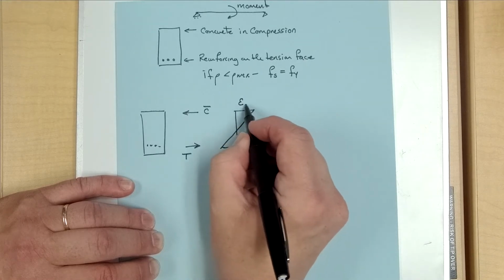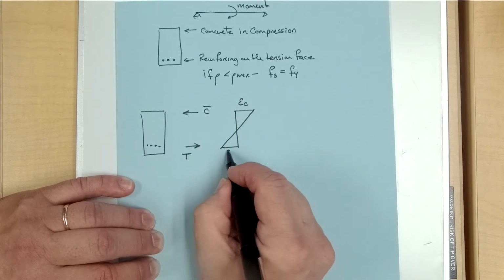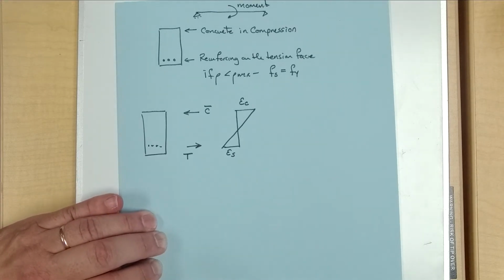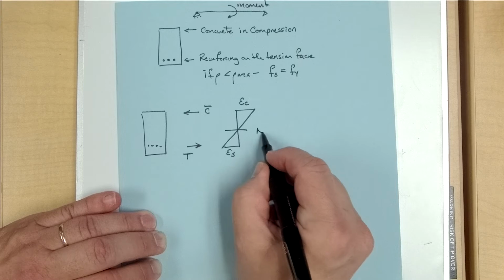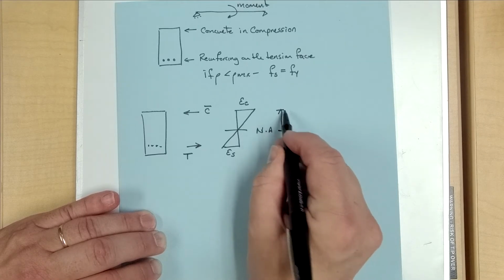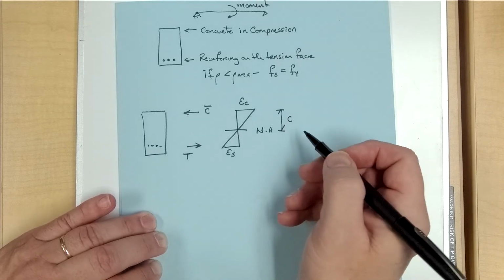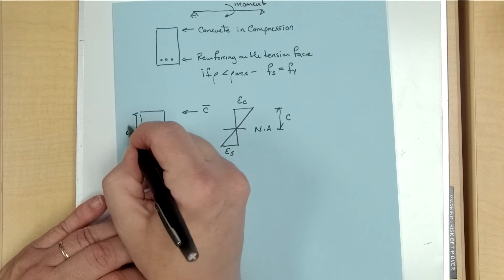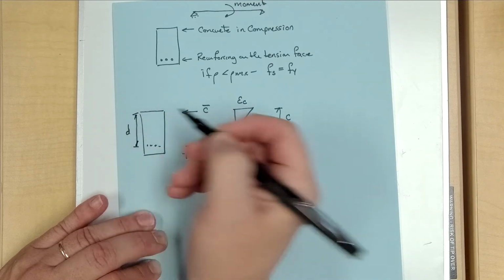It's causing a compressive strain in the concrete and a tensile strain in the steel. This is our neutral axis. We don't know what the depth is. C is the depth to the neutral axis. D is the depth to the reinforcing bar.